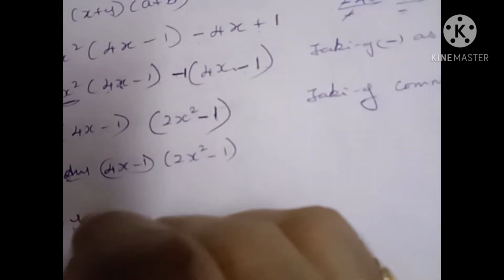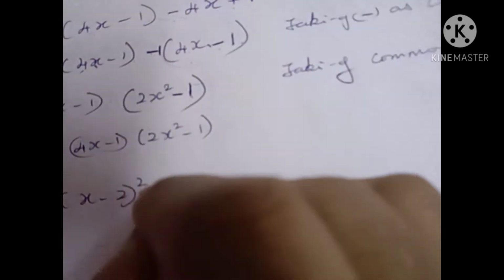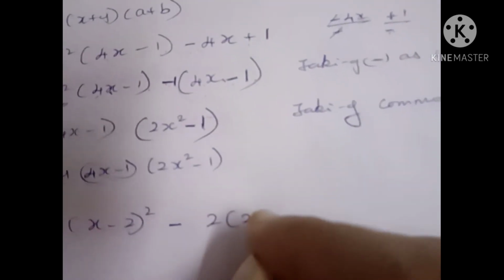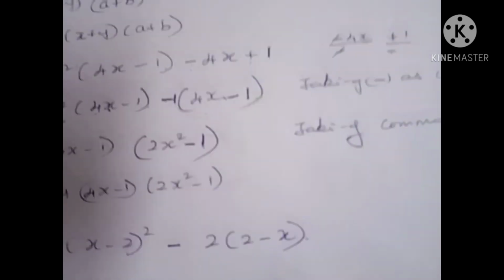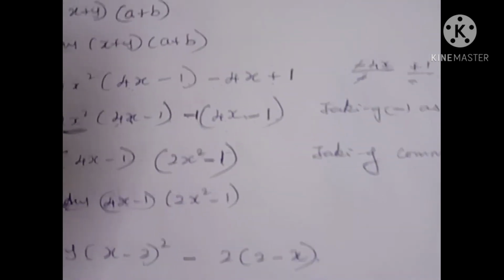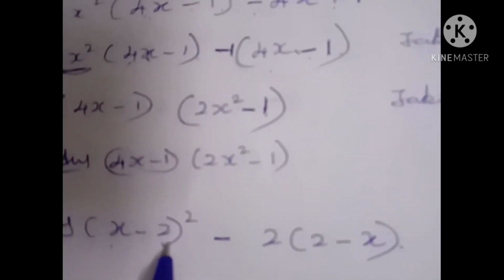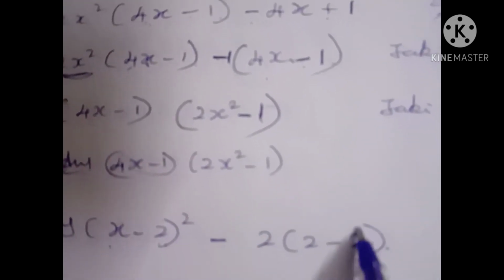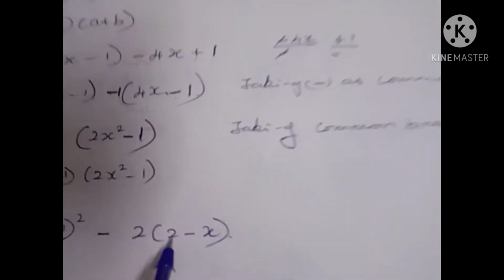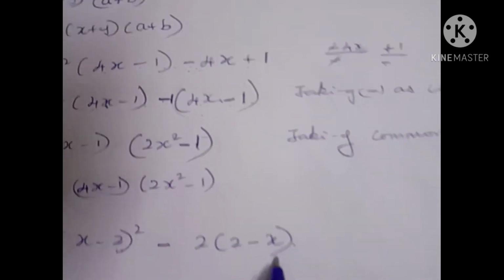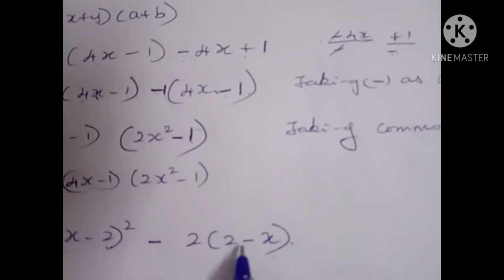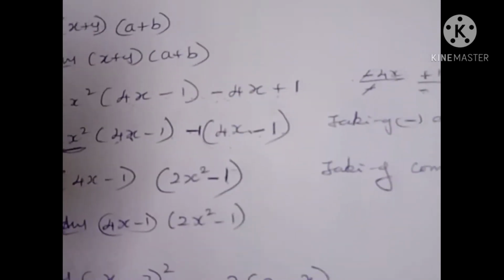Then the sixth one. 3y into x minus 2 the whole square minus 2 into 2 minus x. Now again, if you see here, x minus 2 is given, but if you take this term, 2 minus x, take the minus as common.